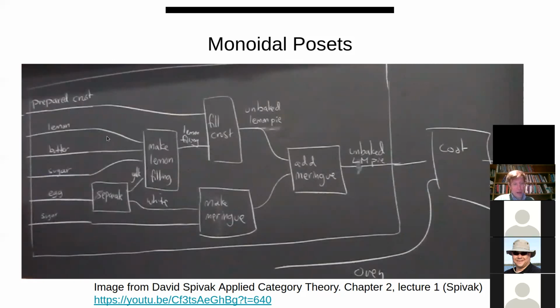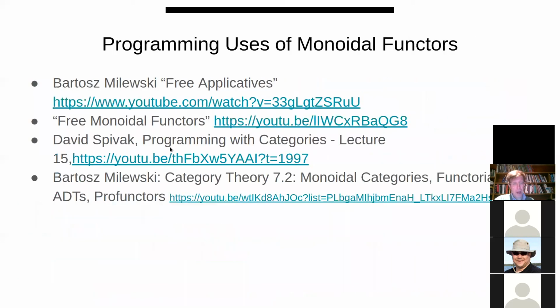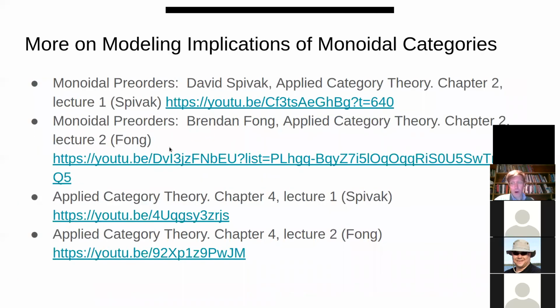And what this is saying, as non-obvious as it sounds, is lemon tensor butter tensor sugar tensor yolk is less than or equal to lemon filling. So you get lemon filling out of these things, and you extract lemon filling from this. It's greater than it. You produce it from that. It has more things you want.